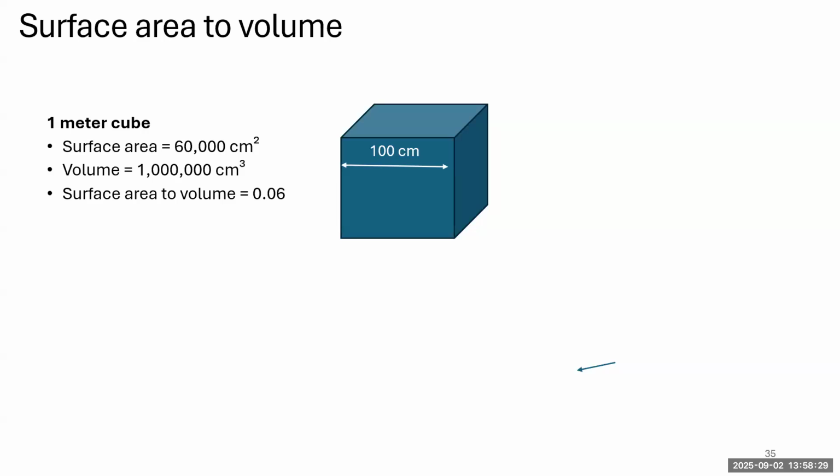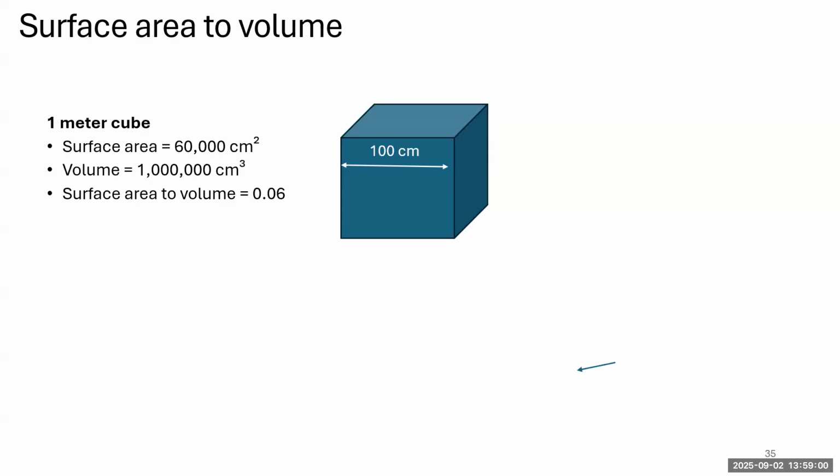And that's on a macro level. But if we go down to a very small level, I'll show you what happens here. First of all, we start out with a 1 meter cube, and I'm using all the measurements in centimeters so we can compare. If you add up the surface area of all the sides of a cube that has 100 centimeters or 1 meter per side, the surface area is 60,000 centimeters squared, and the volume is 1 million centimeters cubed.